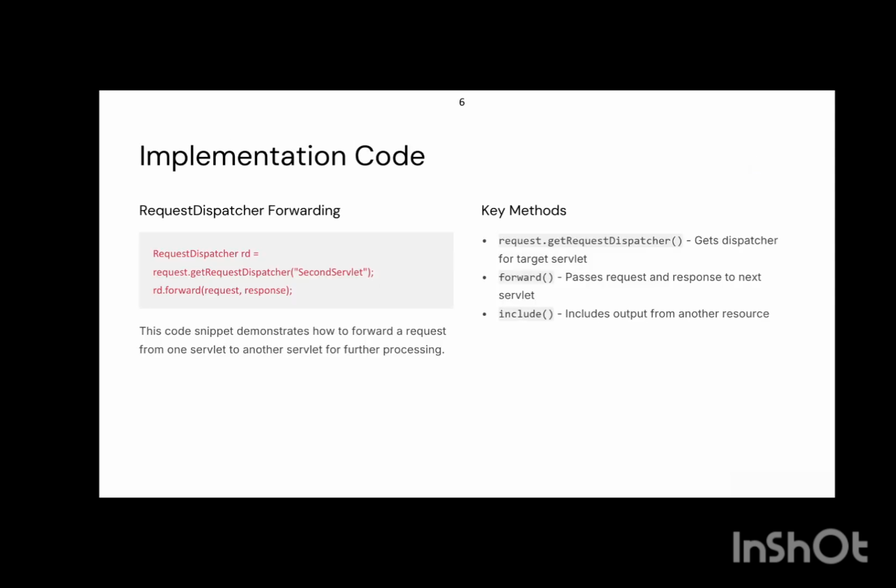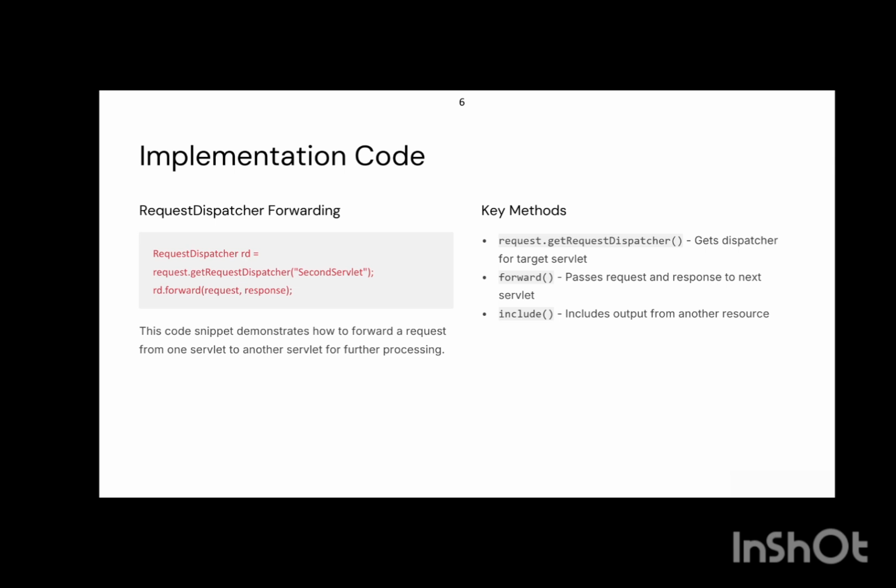This slide shows how servlet chaining is implemented using the request dispatcher. The method getRequestDispatcher is used to identify the next servlet. The forward method transfers control along with the same request and response objects.